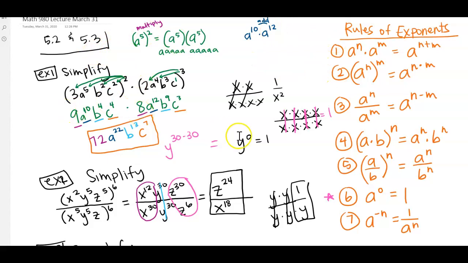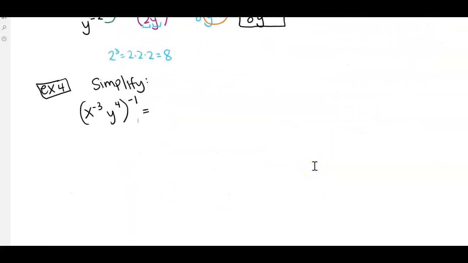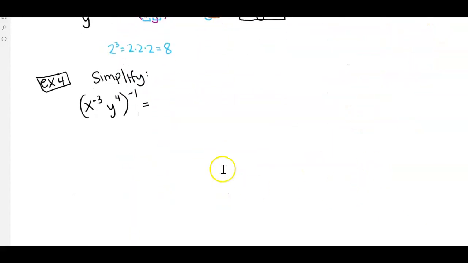Okay, only 2 people have their hands up. So only 2 people know how to do this? Or have tried something, whether you get it right or not. Just want to know if you've tried something.